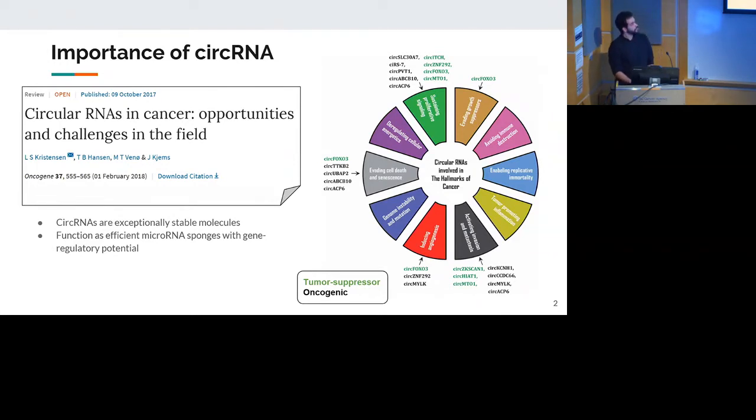For example, in the figure on the right, where you can see the hallmarks of cancer, some of the circular RNAs are shown outside the figure. Some of them are in green, some of them are in black. It means some of them are acting as tumor suppressors or have oncogenic properties.